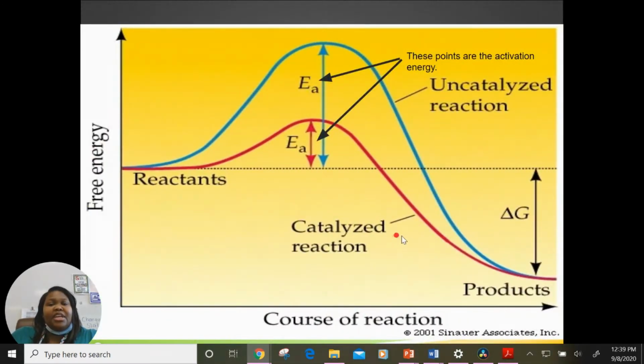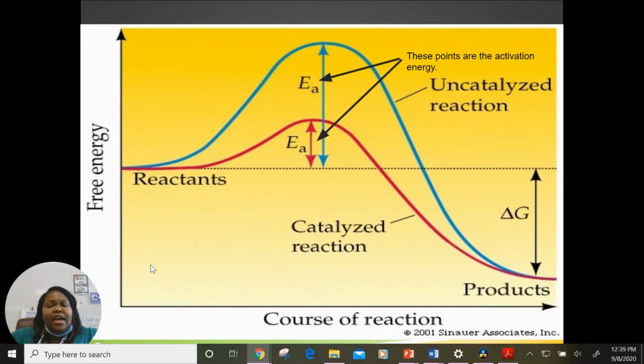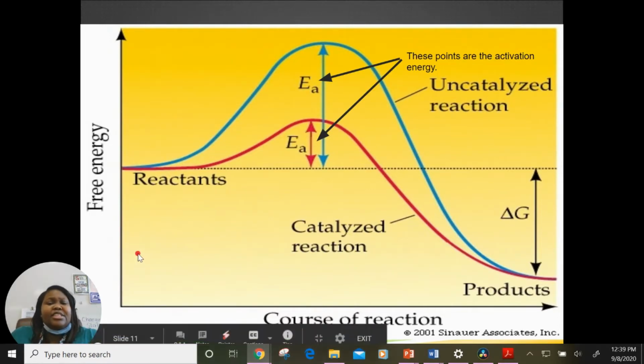All right, so here is another graph, and this graph is very important. We will use this graph over and over again. You'll see it on quizzes, you'll see it on tests. All right, so let's first orient ourselves. We have on our y-axis energy.